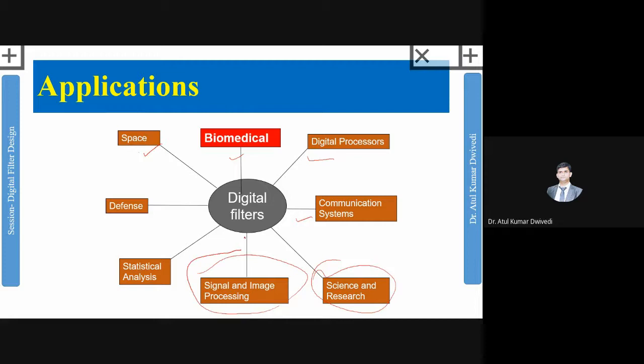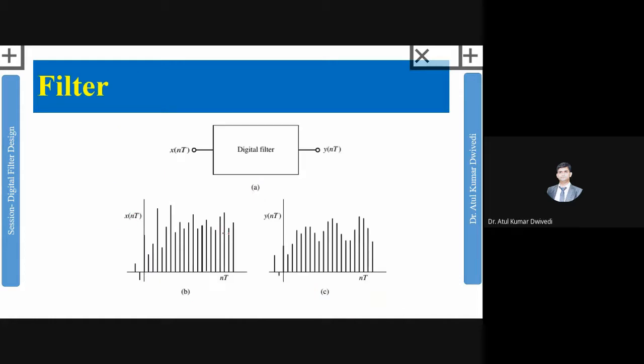In image processing there are also 2D filters, and in statistical analysis, defense, and space, digital filters find applications everywhere. And this is what I was discussing, that h[n] is changing the signals.